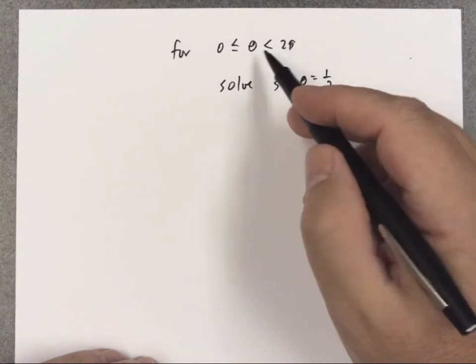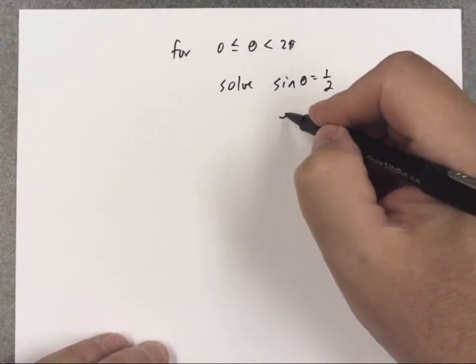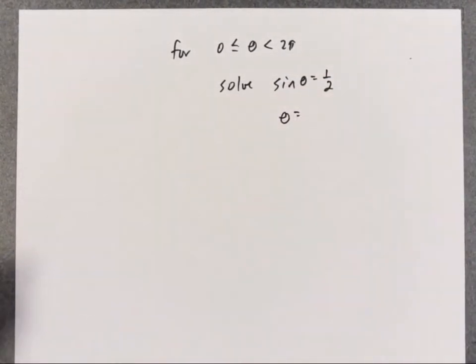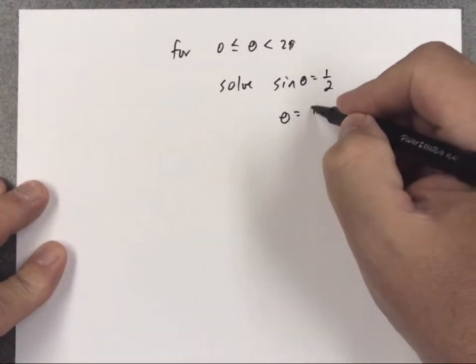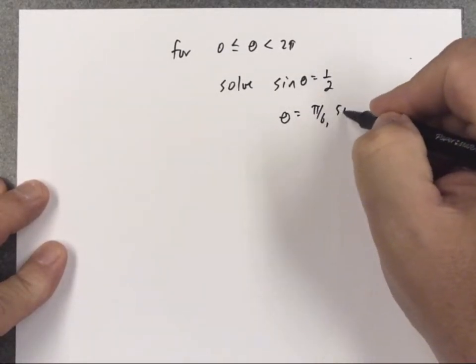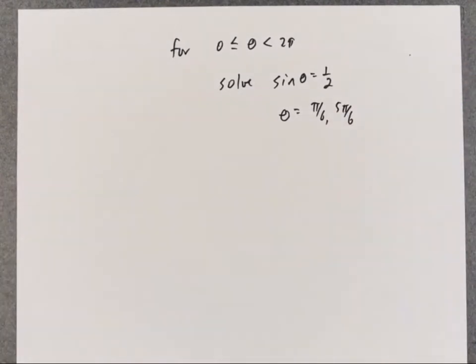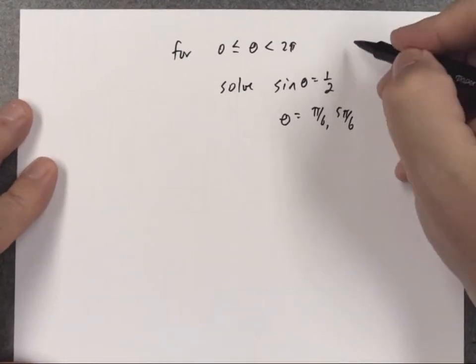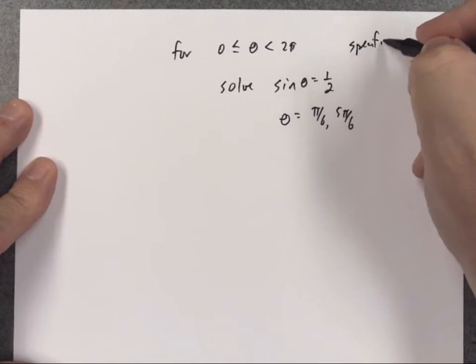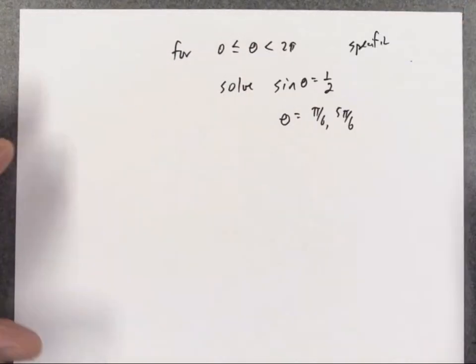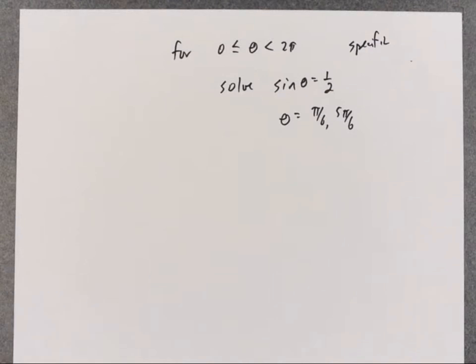So when they limit the angles, then you just think to yourself, okay, one trip around the unit circle, what angles would the sine be 1/2? And then, of course, you say that's your solution. So this I sort of call specific because it's very narrow, the possible solutions.